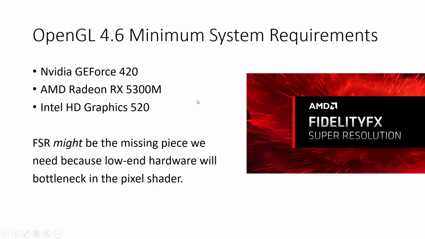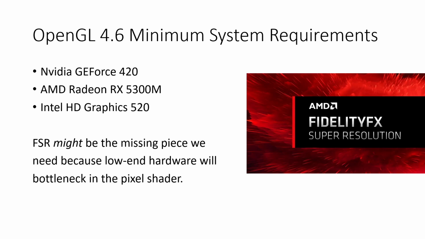OpenGL 4.6 does the exact same thing as Vulkan, and it has much lower system requirements. Actually, any fallback that I have to write is just going to be basically removing the bindless textures because those are an optional extension. But OpenGL 4.6 is actually supported by like everything from at least the last 10 years.